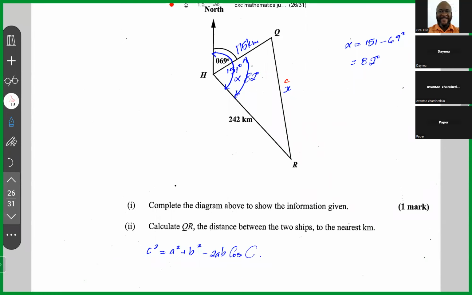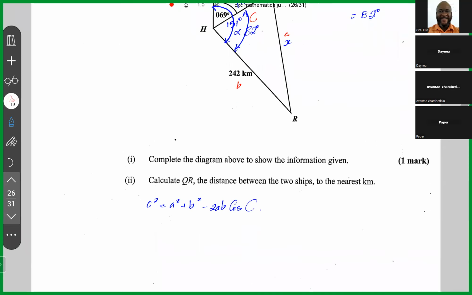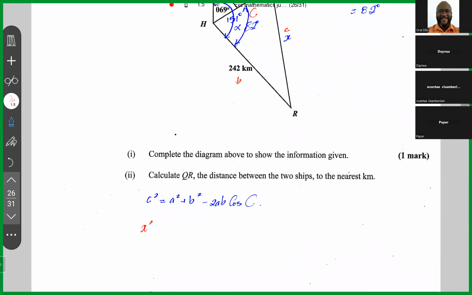The 82 degrees is big C. This is A and this is B. So we have x squared is equal to 175 squared plus 242 squared minus 2 times 175 times 242 times the cosine of the angle between them, which is 82 degrees.